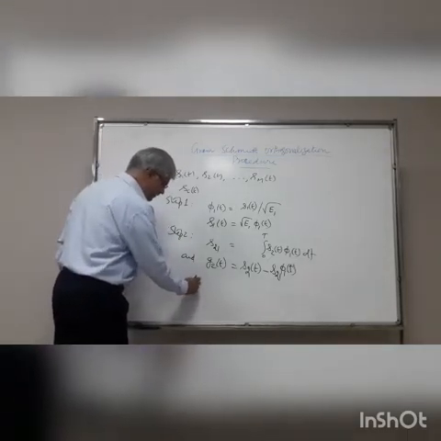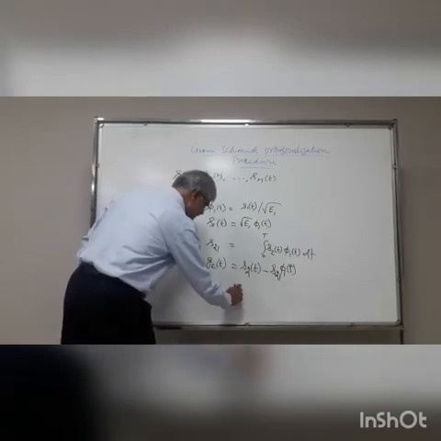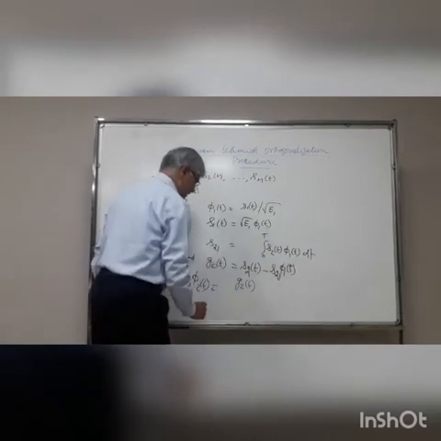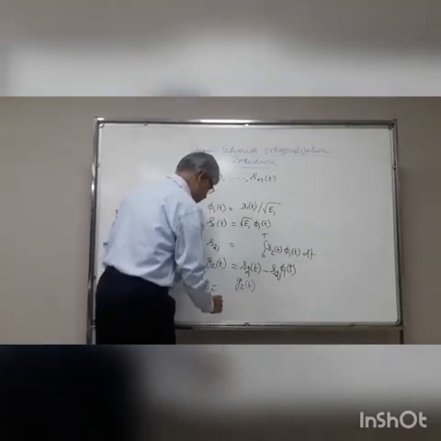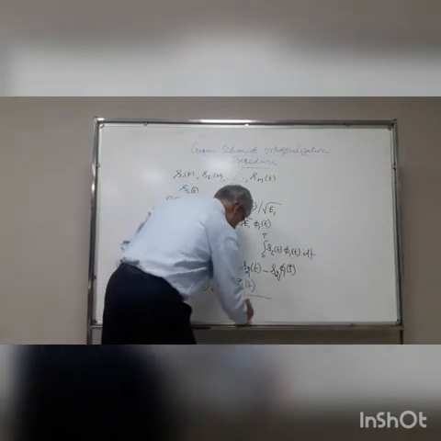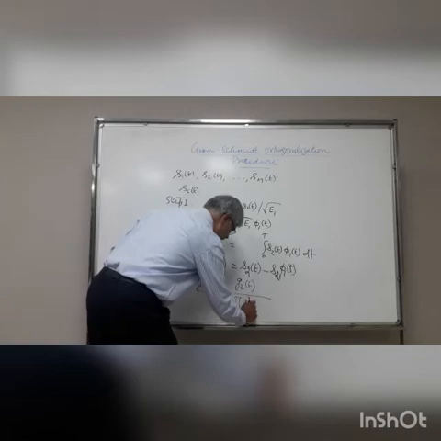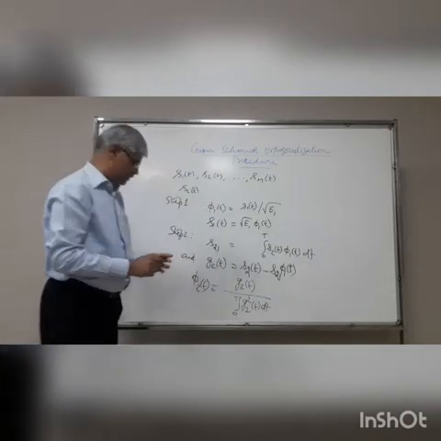From this we can define phi 2 of t as G2 of t divided by the square root of the integral of G2 squared, like this.